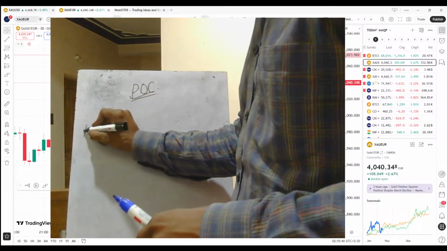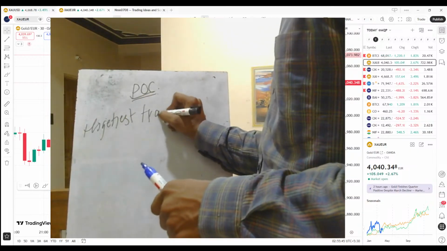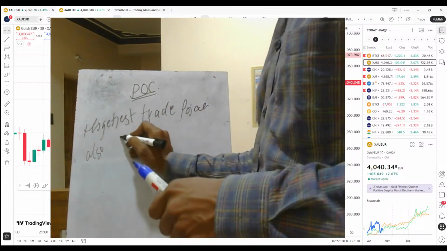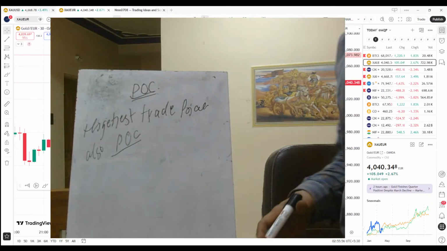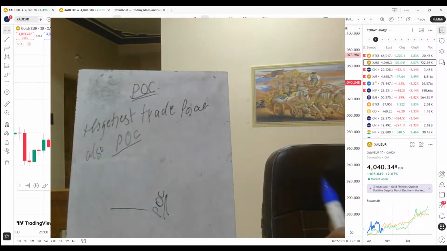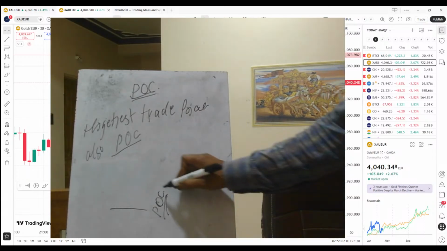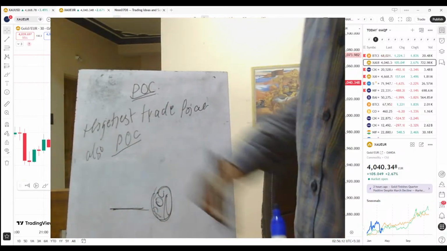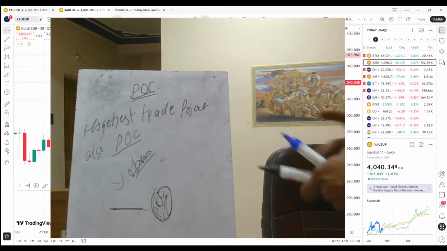POC is highest traded price, also known as POC. अब सिंपल सी दिमाग लगाओ, इतना सोचने की भी ज़रूरत नहीं है. अगर POC कोई एक पॉइंट है, कोई एक प्राइस है जिस पे हाईएस्ट, ये नहीं कह रहा कि वो सबसे बड़ा सबसे छोटा, नो, हाईएस्ट मतलब सबसे ज़्यादा हैंड एक्सचेंजेस प्राइस के ऊपर हुए हैं, अगर ओपन उसके ऊपर हो रहा है, इसका मतलब क्या है गाइस?